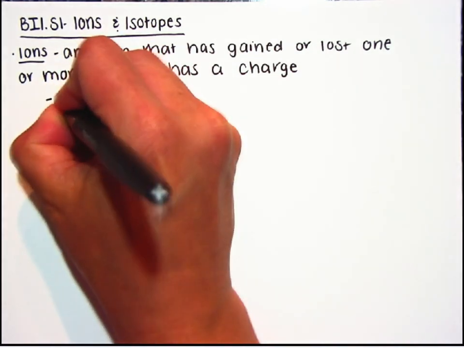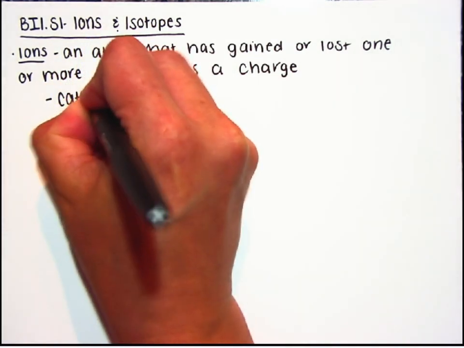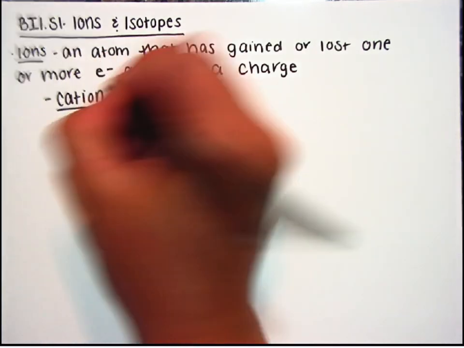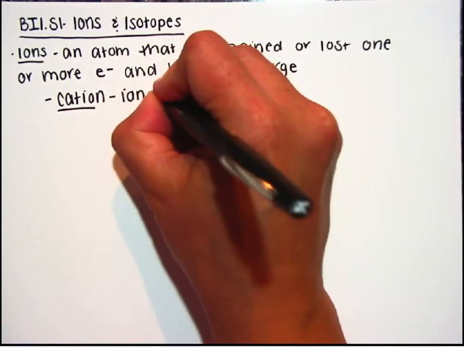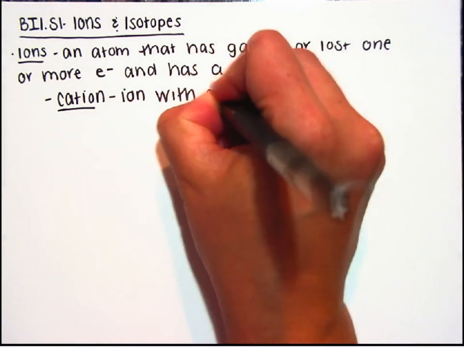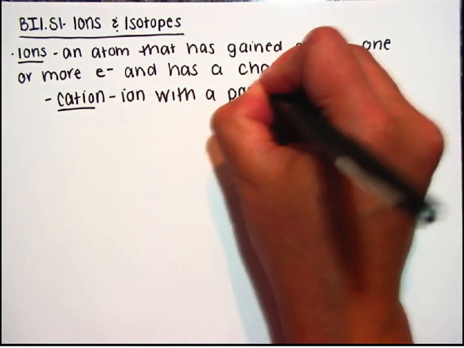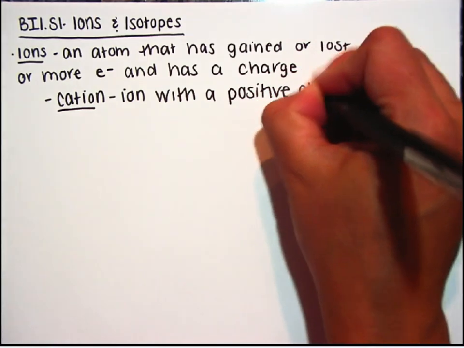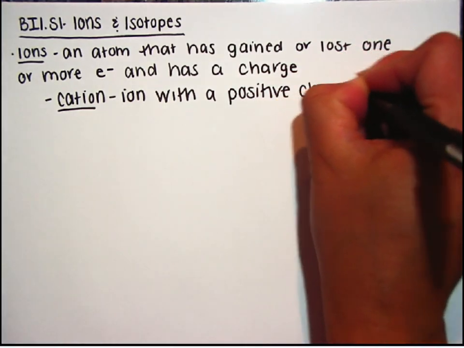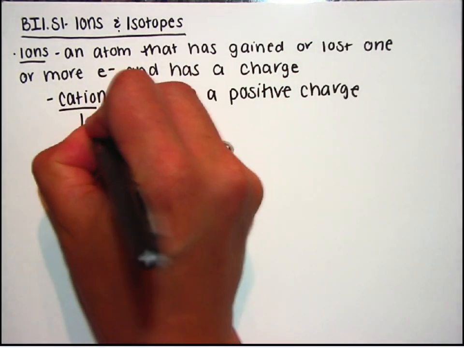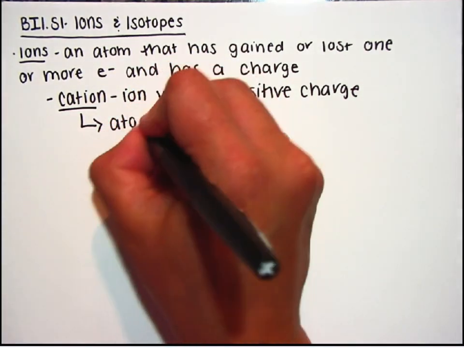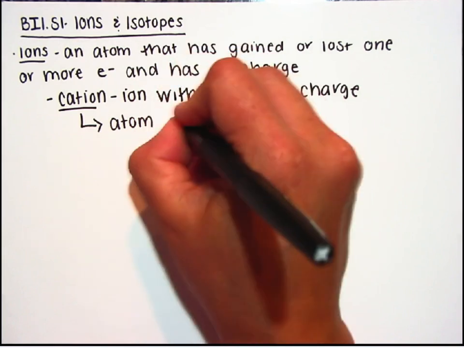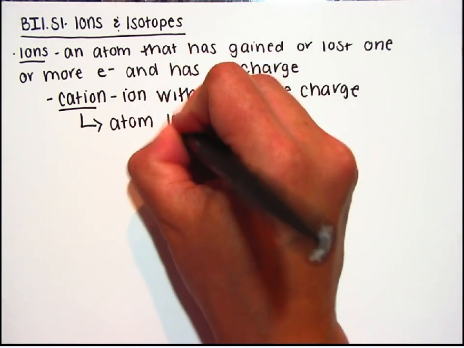We have different names based on whether it's positive or negatively charged. So a cation is an ion with a positive charge. And the way that we get a positive charge is by losing electrons. So a cation is an atom that lost electrons.